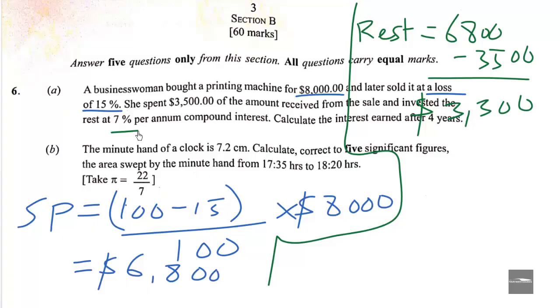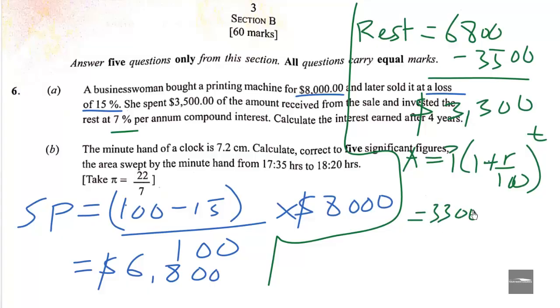So we can calculate the amount, which is given by A equals P times 1 plus R percent, exponent T, which is time. So the P here is the principal, which is 3,300. So we have the amount being equal to $3,300 times 1 plus 7 over 100, exponent 4, which is the time.